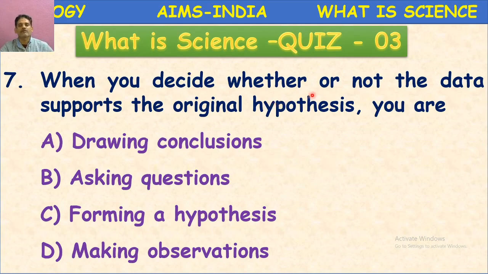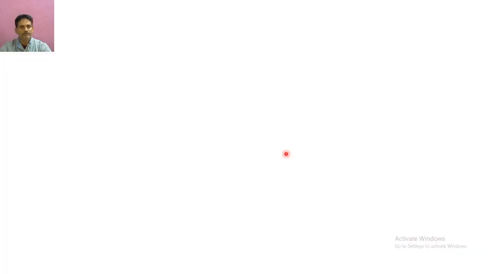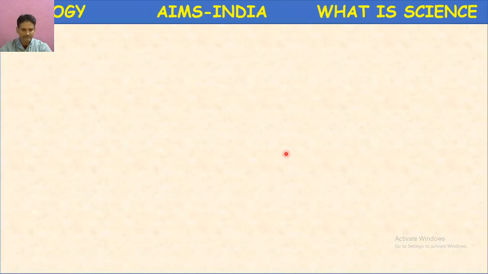When you decide whether or not the data supports the original hypothesis, then you are drawing conclusion. Whether or not the data supports the original hypothesis, you are in the conclusion. So, drawing conclusion. A is the correct answer. 7th question, A. Next.